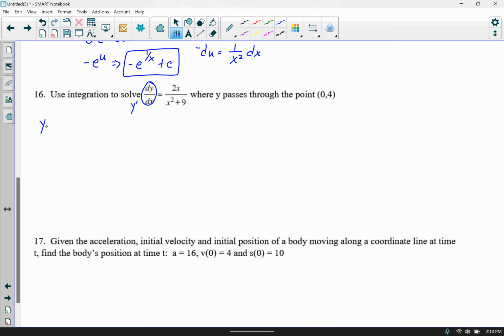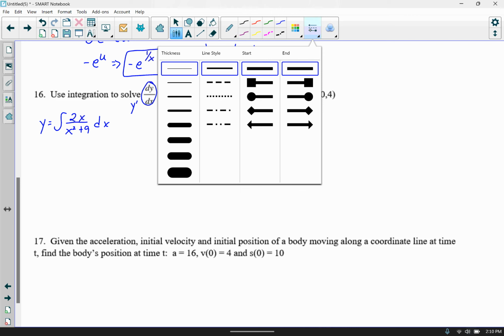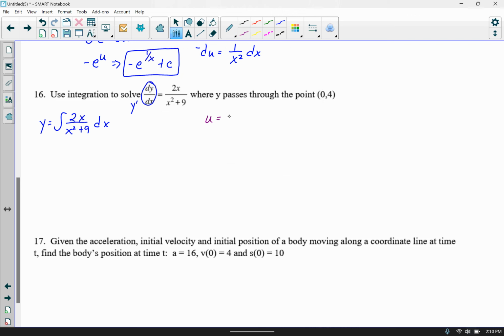So y would be equal to the integral of this y prime, so the integral of 2x over x squared plus 9 dx. I'm going to let my u be the denominator there. So u equals x squared plus 9. Du then is 2x dx.